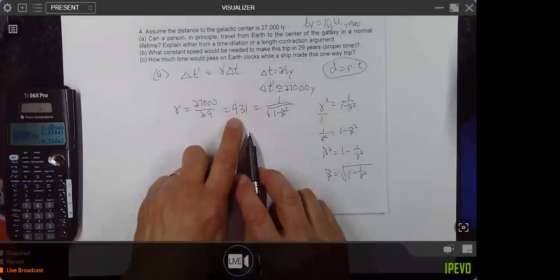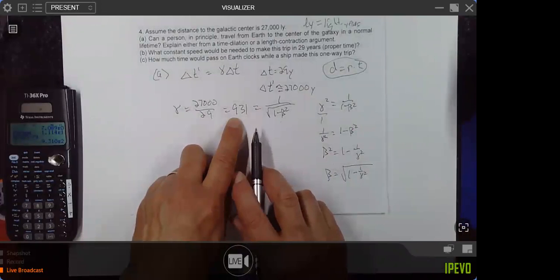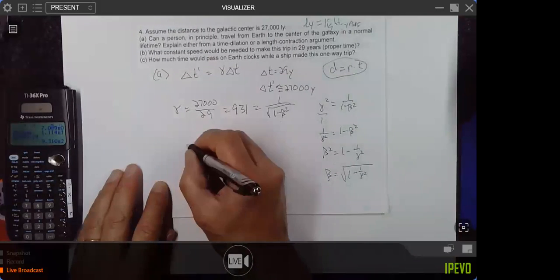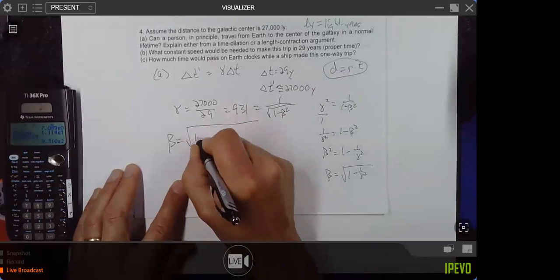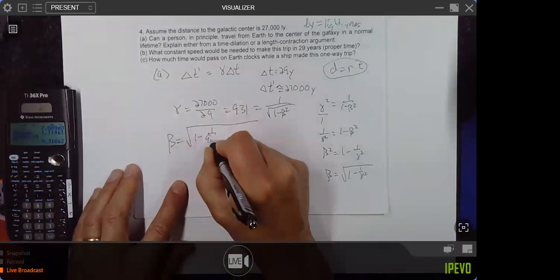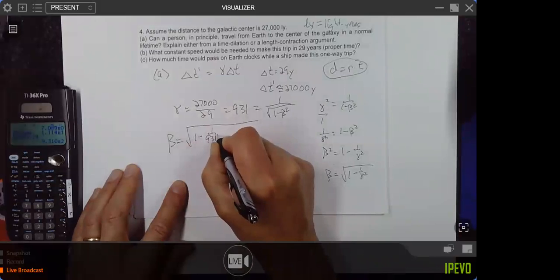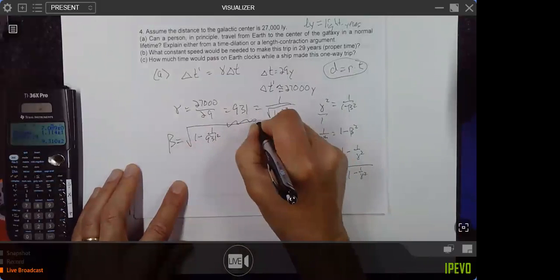Gamma was 931. Yep. Okay, so oops, guess it didn't need to go that far.